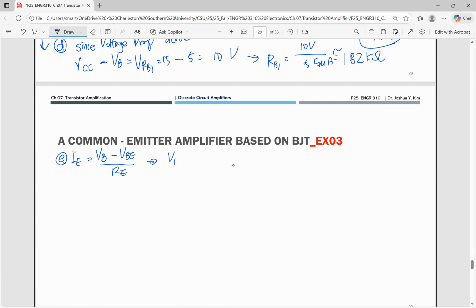Because V sub B is V sub BE plus the voltage drop I sub E times R sub E. So that is 5 minus 0.7, that was given. Also I sub E we calculated.